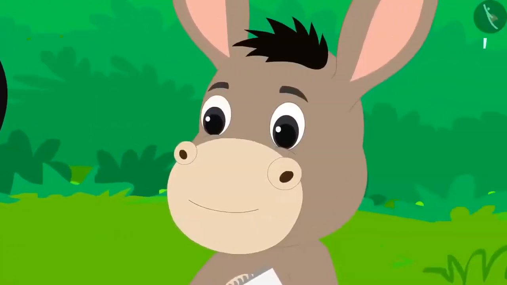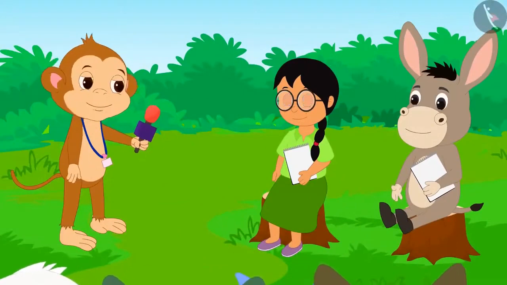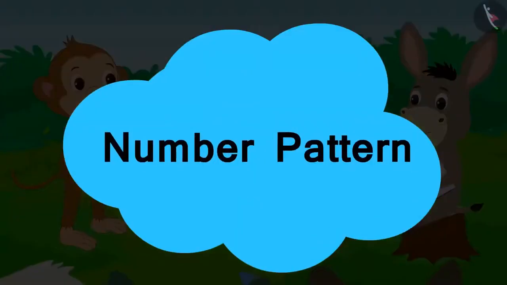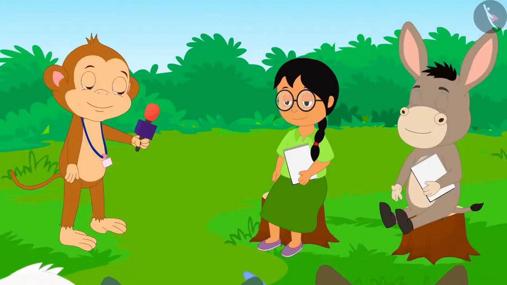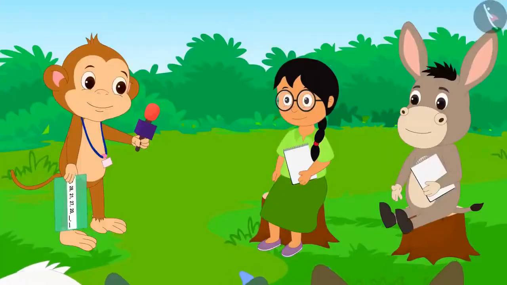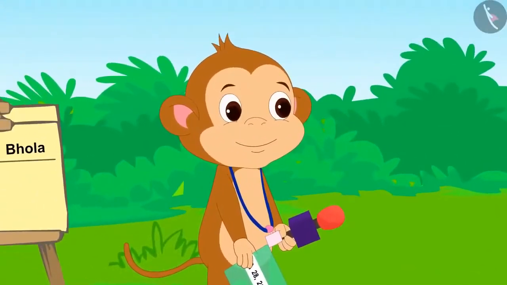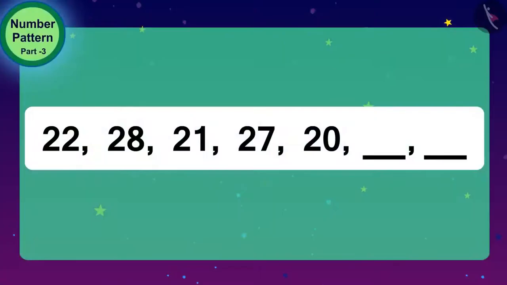Meenu and Bhola have taken part in this game. In the game, both of them have to complete the number pattern. The one who completes the number pattern correctly first will get 10 points. The game's organizer, Babban, showed them both these number patterns.